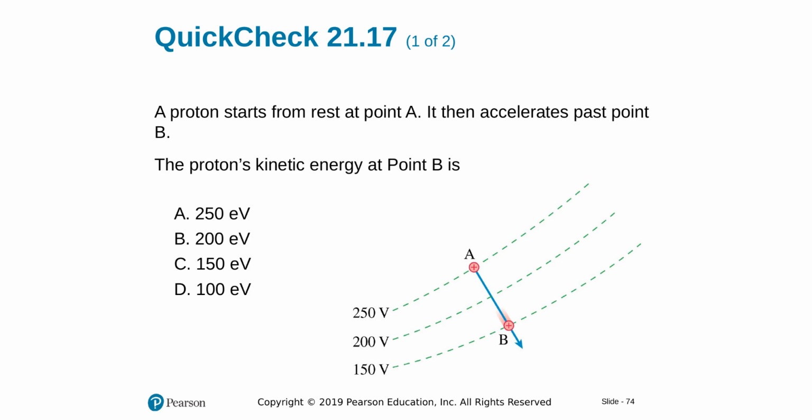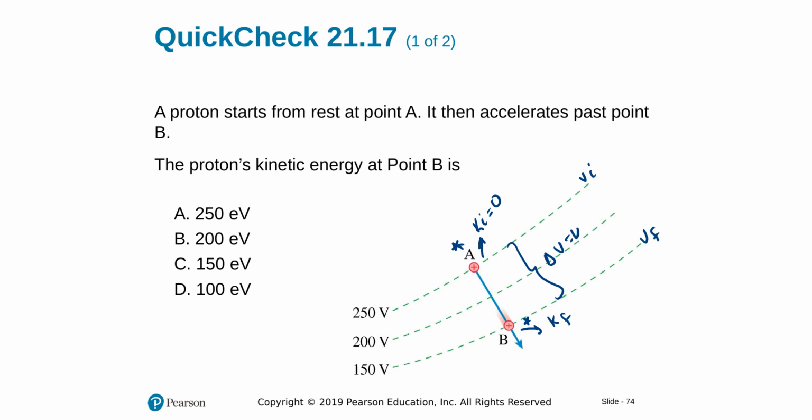A proton starts from rest at point A. It then accelerates past point B. Proton's kinetic energy at point B: it starts from rest, so the initial kinetic energy is 0, and here it will have a final kinetic energy. It's moving through this delta V. This is V initial, this is V final, right?